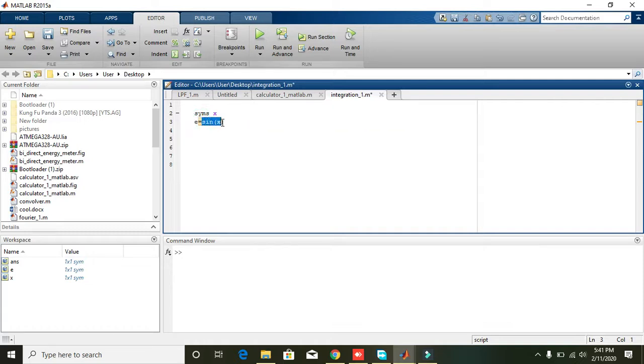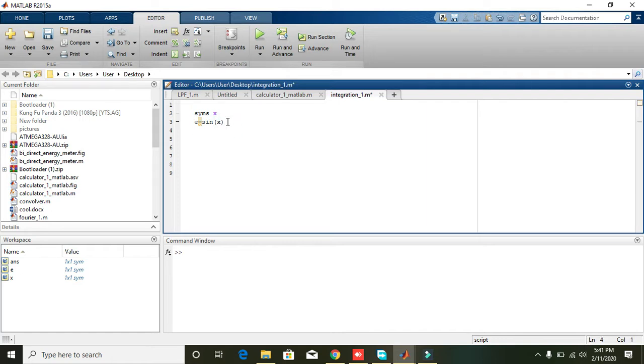All the things on the right hand side must be stored due to this assignment operator in the e. So right hand side values are now inside the e.